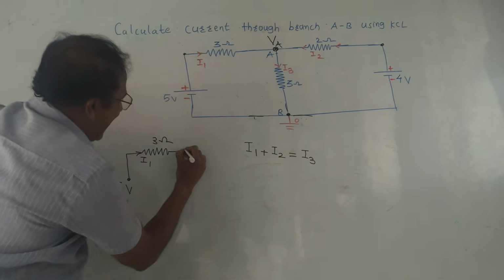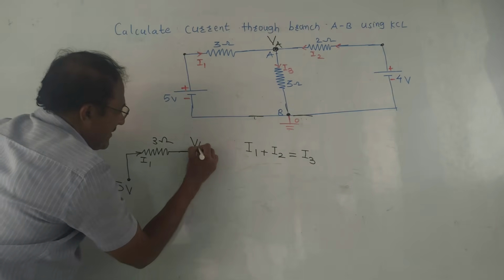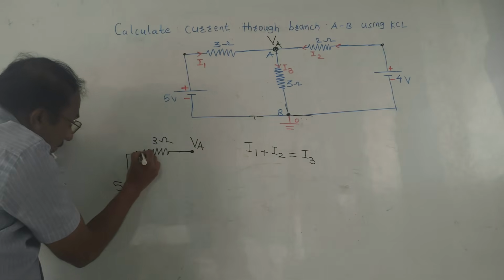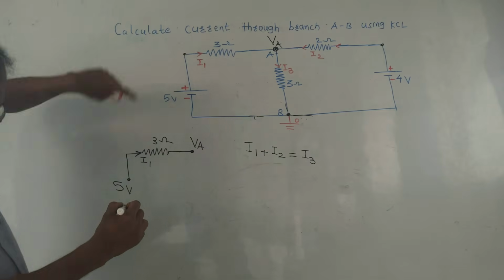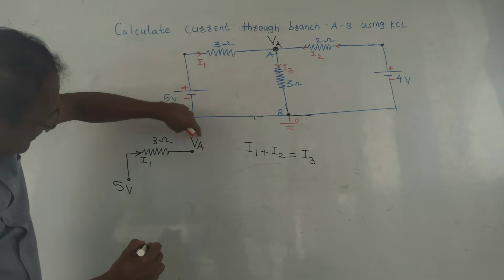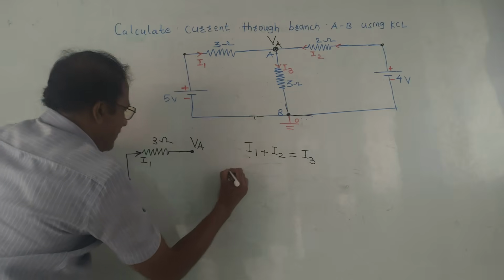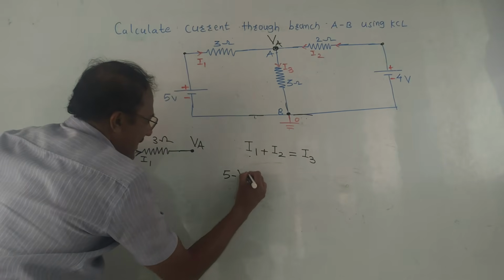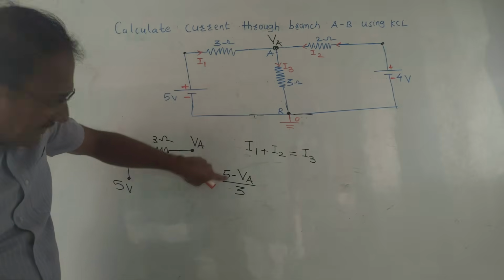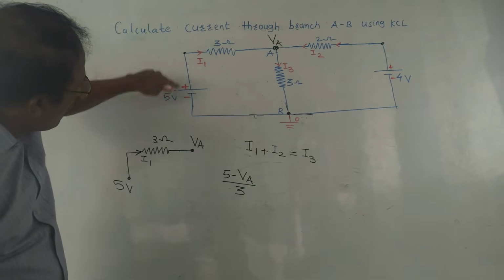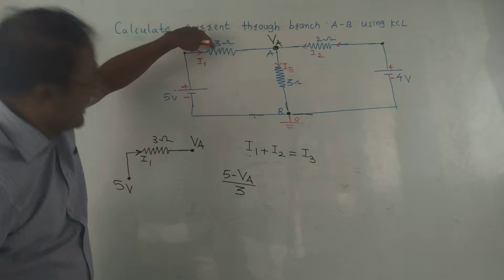At the other end, I have marked the voltage VA, and we have assumed the current flowing from 5 volt to VA. That means 5 is a larger value than VA. So the equation of I1 will be 5 minus VA upon 3.